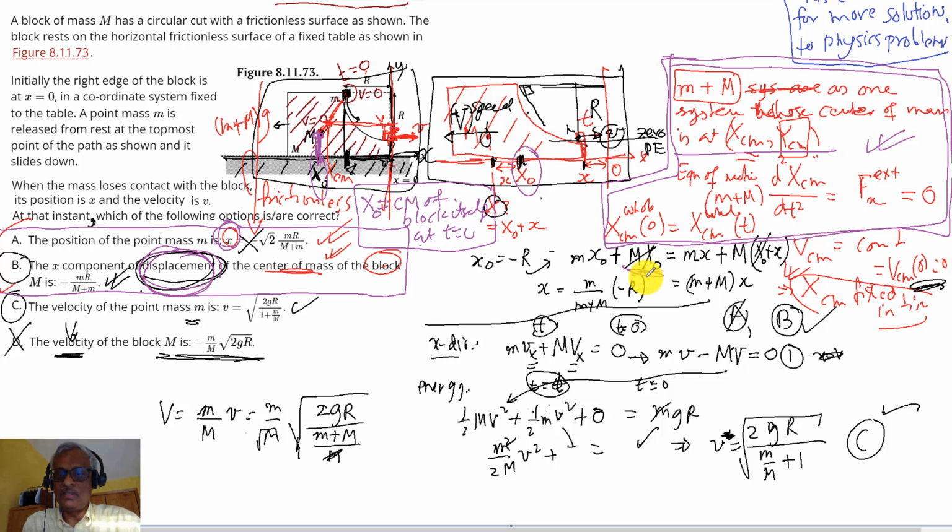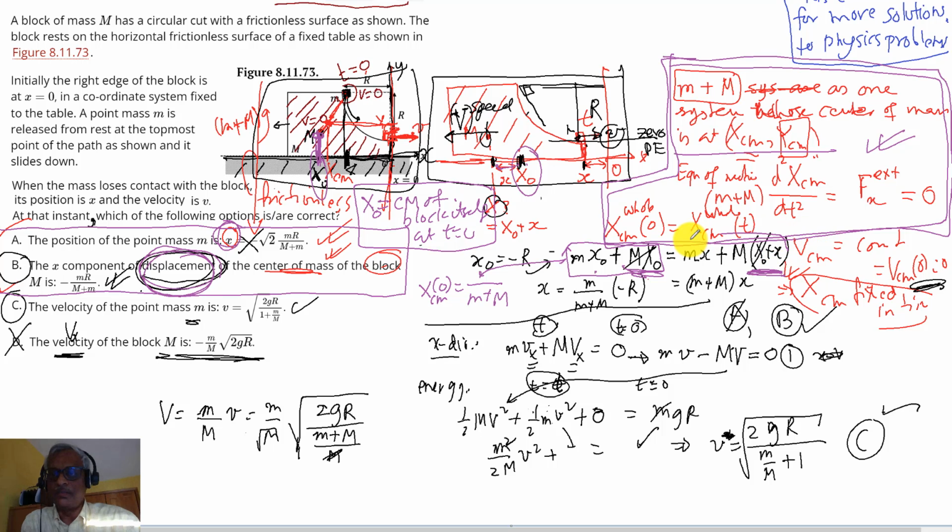And then using this x0, I was able to get x0 plus x for how much the center of mass would have moved. This is where the center of mass is decided by total mass. So if you look at xcm of the total at 0, it will be this stuff divided by m plus M, right?